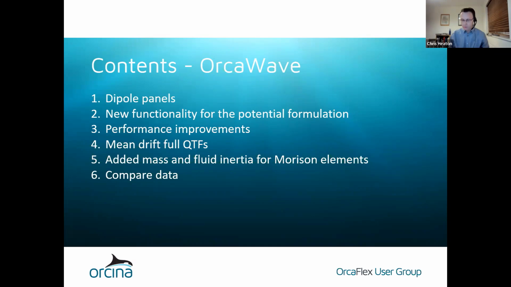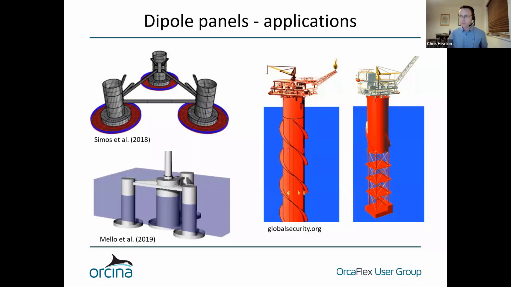What are they? They're a new type of panel, a new object in OrcaWave, and they're used to model geometries like these. So any situation where you have a thin surface, a thin part of the structure, so heave plates here and strakes on these platforms and spars.